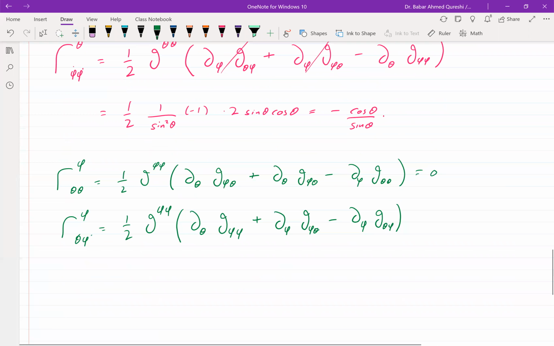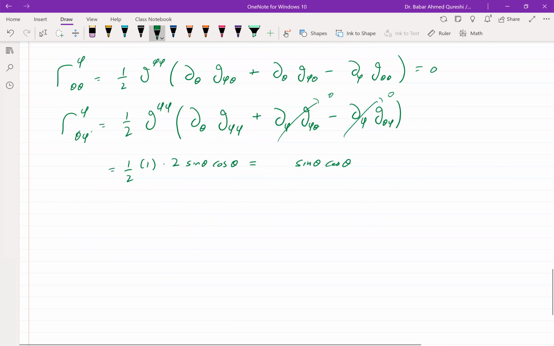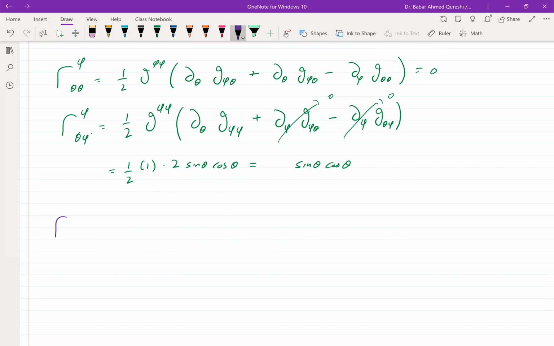Now these guys are 0, but this is not. G phi phi is just 1, and from here I get 2 sine theta cosine theta, so just sine theta cosine theta. Again, you can very easily see the last one: they are all g phi phi, and g phi phi does not depend on phi, so these guys are going to be 0.